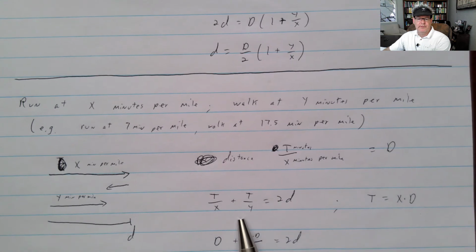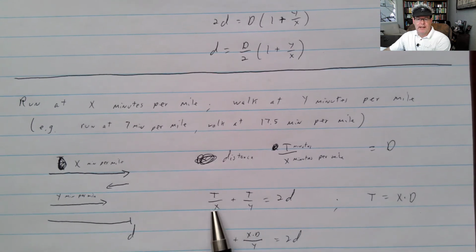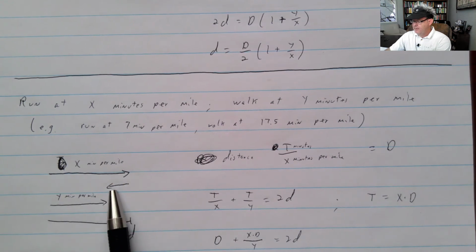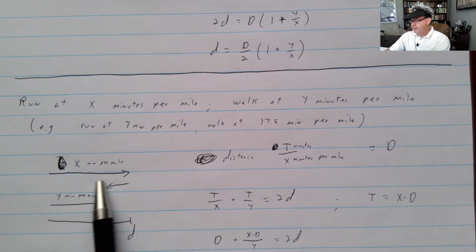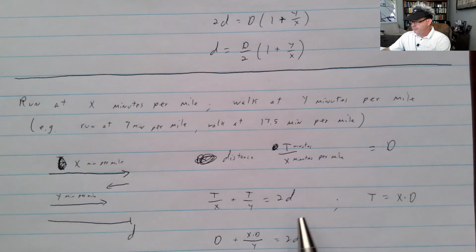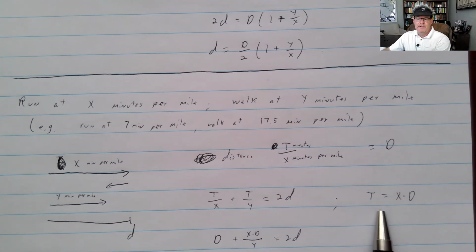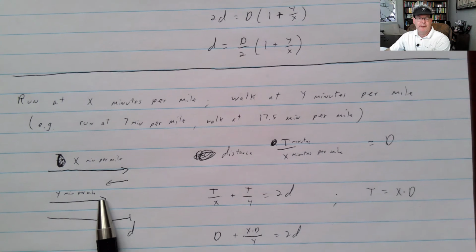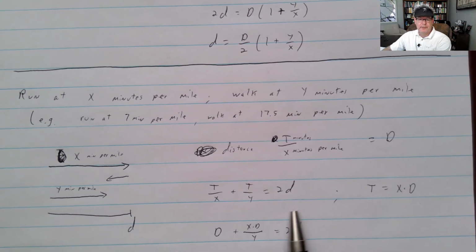So once again, T over X plus T over Y, those are the two distances, if T is the total time it took. I never solved for time, but once we know these, we could find the T, but I only wanted the D, little d. Anyway, so again, these are the two distances, so that'll be 2D.